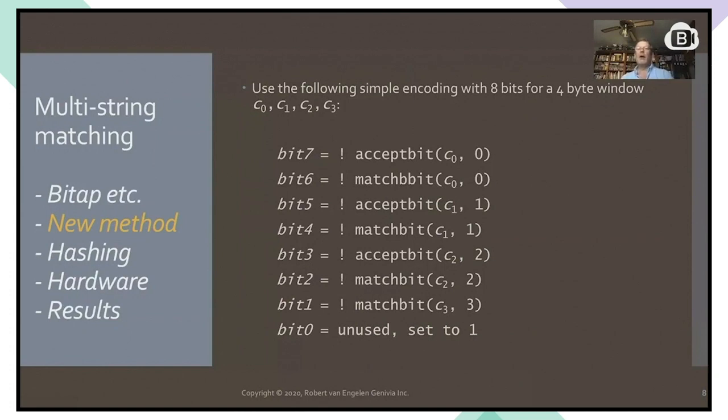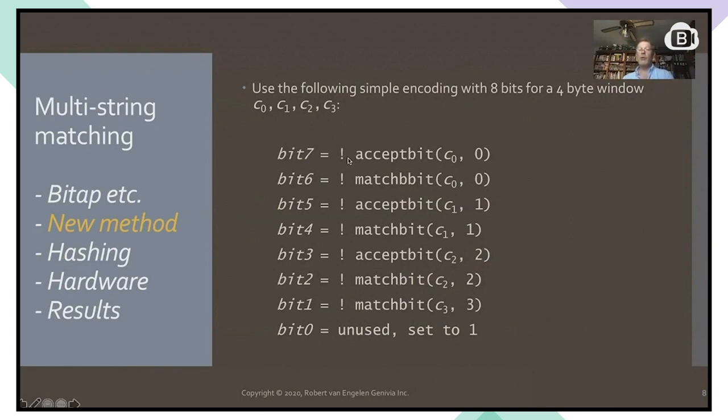We encode the accept bit and match bit information just using 8 bits. Since the sliding window is of size 4, we only need 2 bits, and we use 2 bits for accept bit and then match bit to combine all 4 pairs together into 7 bits. So bit 7 is the logical inverse.